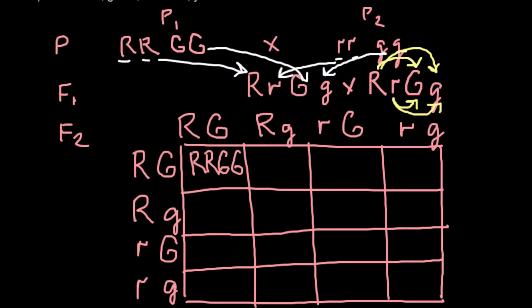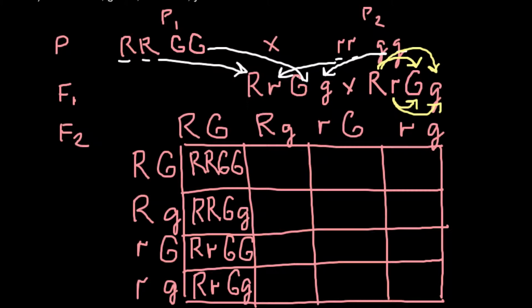Genotype. Here we would have capital R and capital R, and capital G, small g, capital R, small r, and capital G, capital G, capital R, small r, and capital G, small g.